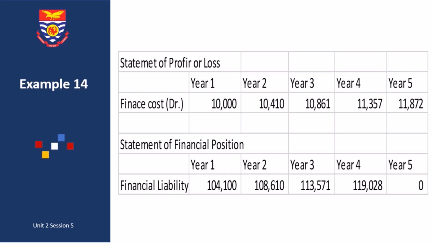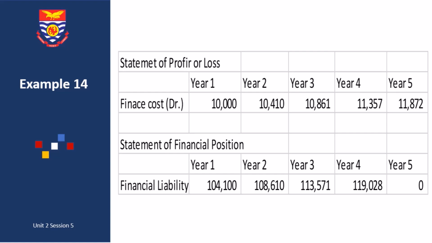Year one, the finance cost we computed was 10,000, which is 10% on 100,000. Year two, it will be 10% on the opening balance. Year three, 10% on the opening balance for year three, and year four, 10%. Year five, 10% on the opening balance.